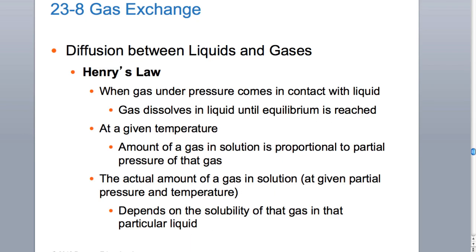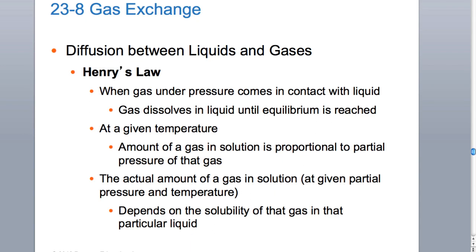Instead of being dissolved in a liquid like it is inside of a soda can, when you pop open the soda can, the pressure changes and therefore the gas actually comes out of solution. That's the technical language. It comes out of solution.